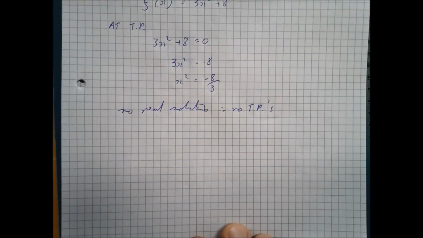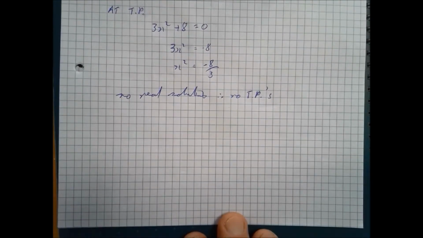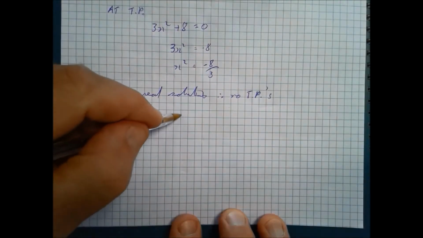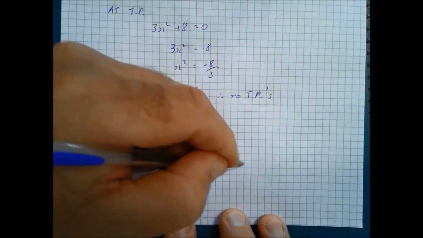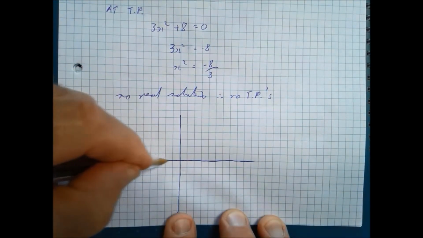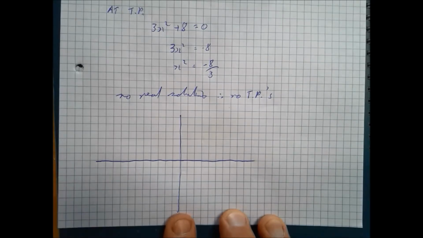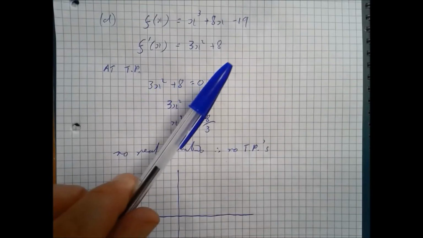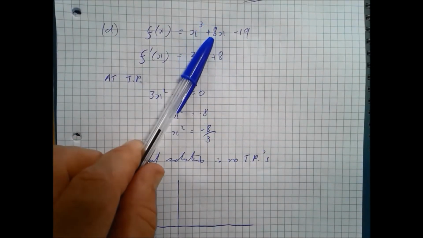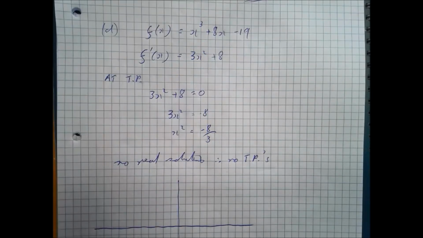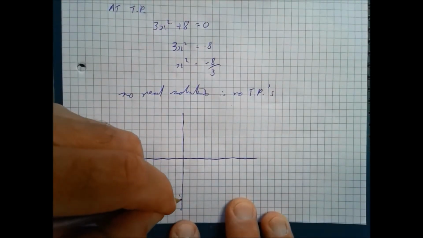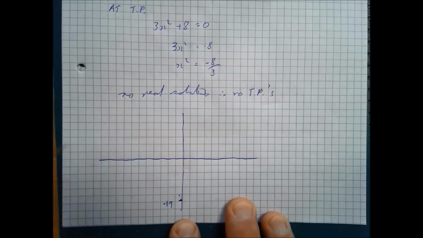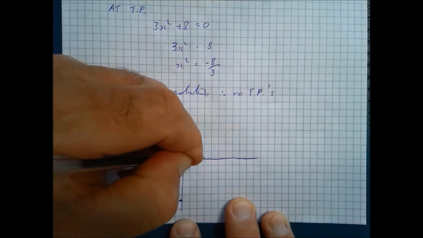Well, we know it's a cubic graph. Let's just do a bit of sketching and see if that can help us in any way. Okay, we know from the function here that the graph must cross the y-axis at minus 19. We've already worked out that there is a root at 1.729.